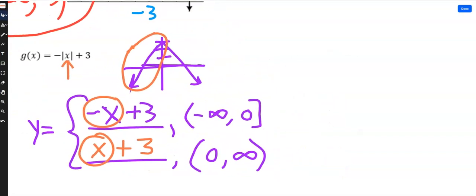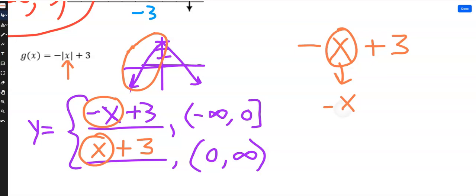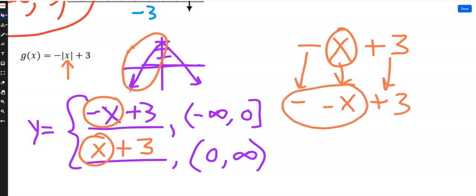But if I back the truck up and try that again, one of them starts out with x, and the things on the outside are exactly the same. If I change this one to -x, because that's the part on the inside, and you still have the negative there and the +3, what does this turn into?